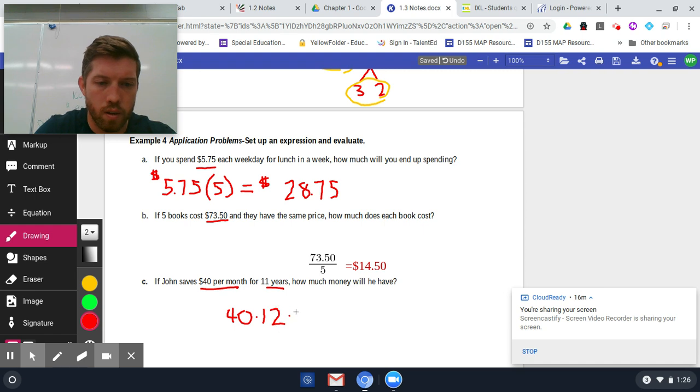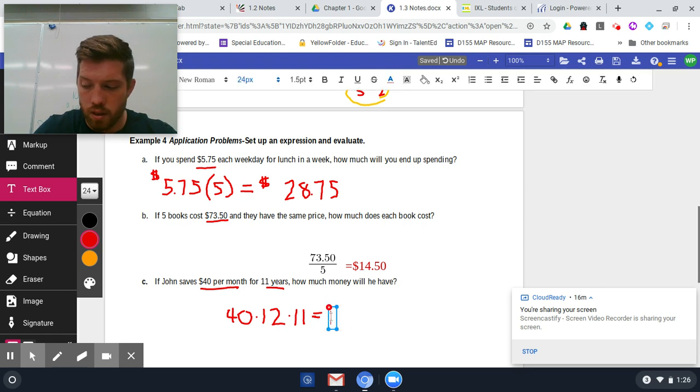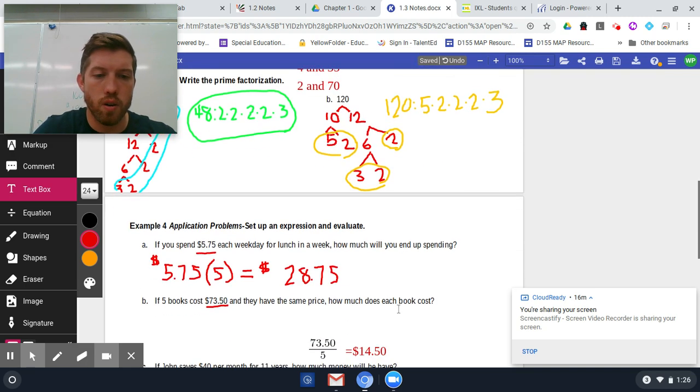For 11. So if you're able to put $140 away every single month for 11 years, you would end up saving just enough to maybe buy a used car. So we're going to go ahead and text box. You put that in your calculator, you're going to get $18,480.